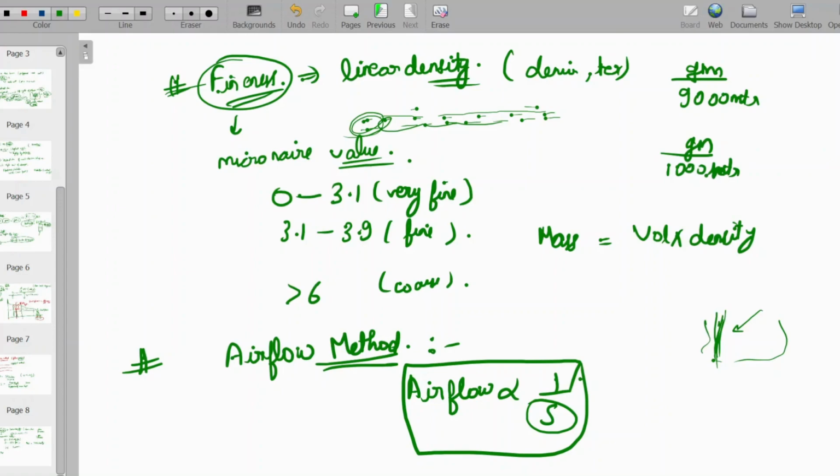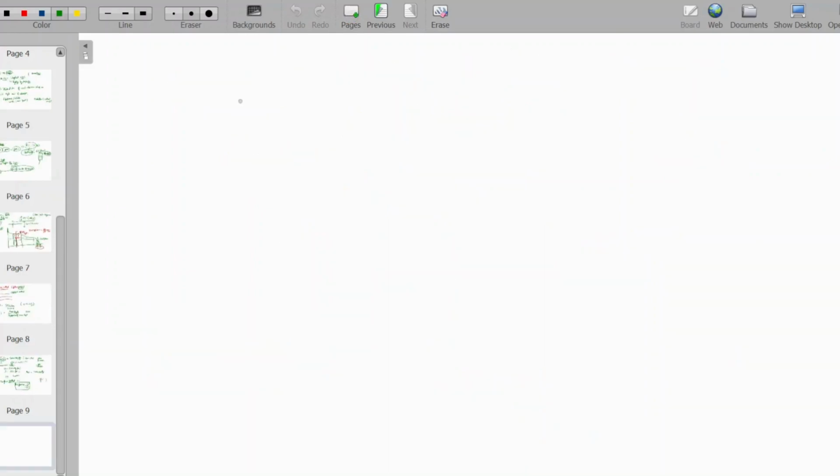And what is specific surface area? Specific surface area is basically surface area upon volume.